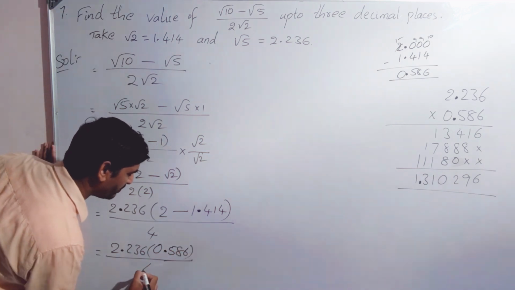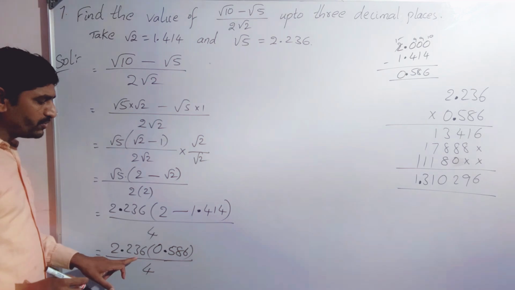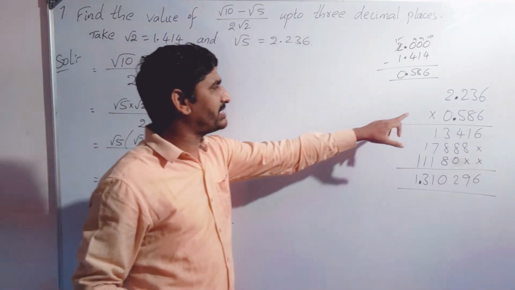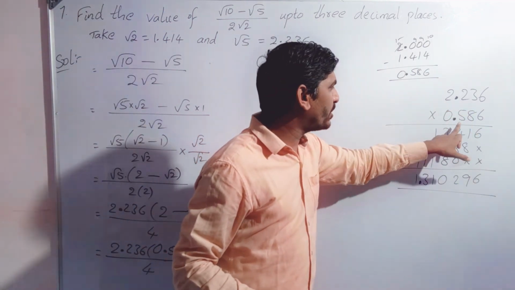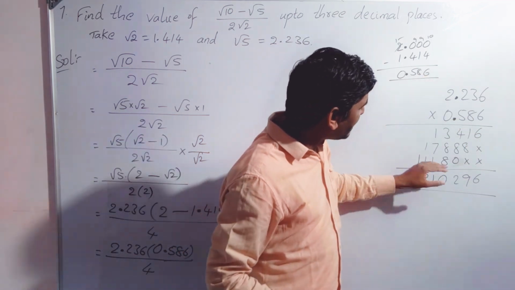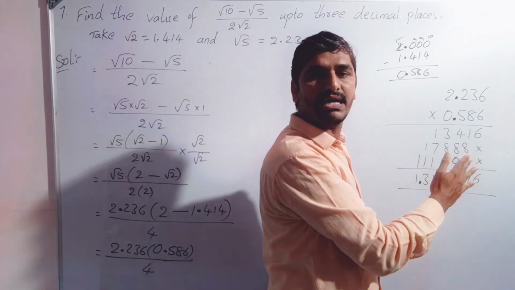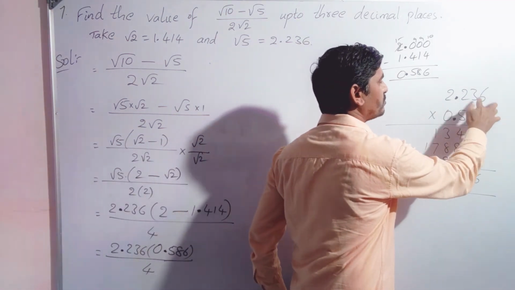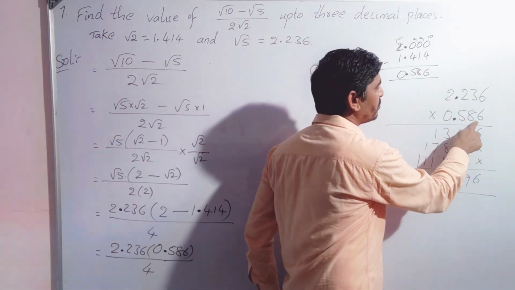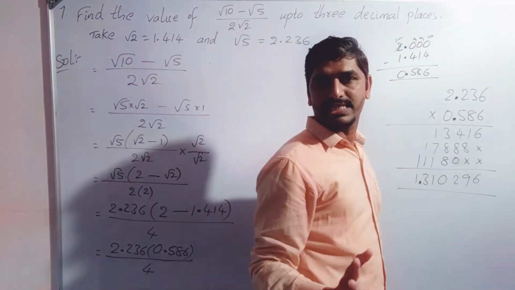0.586 by 4. Now multiply 2.236 into 0.586. By multiplying this we will get a number. After the point, how many decimals are there? After the point 1, 2, 3 decimals, in both numbers. Totally 6 decimals.